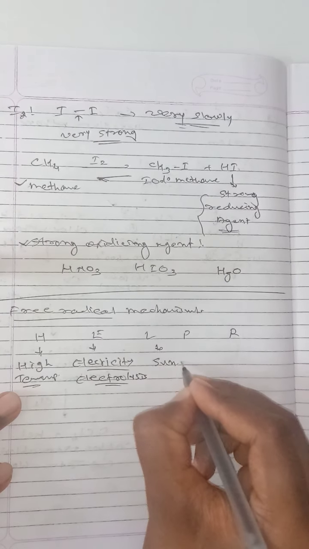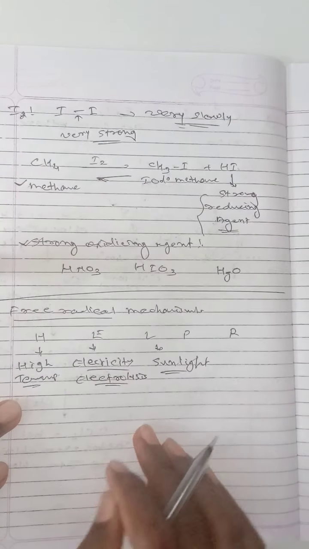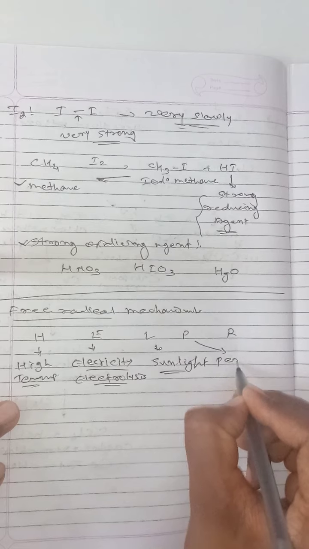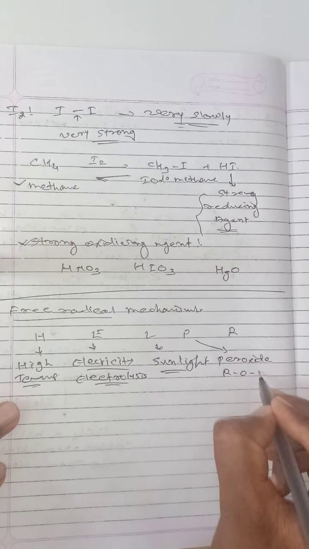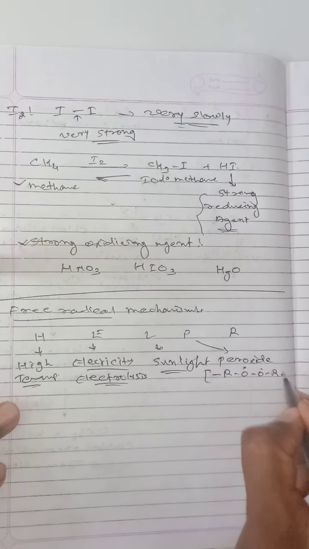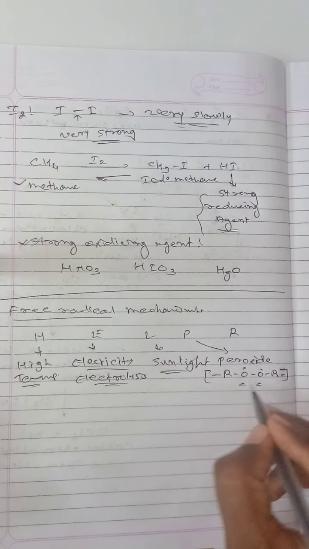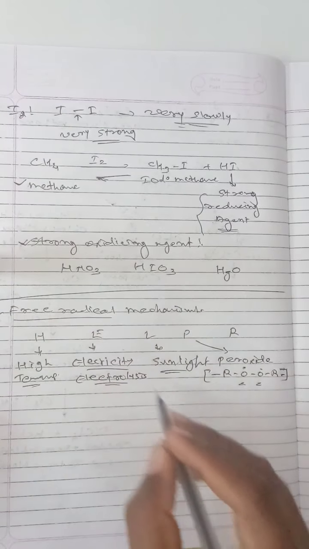L for light, or here sunlight, the free radical mechanism. And P: suppose the reaction is carried out in presence of organic peroxide. Here these two oxygens are free radicals, so the reaction is free radical mechanism.